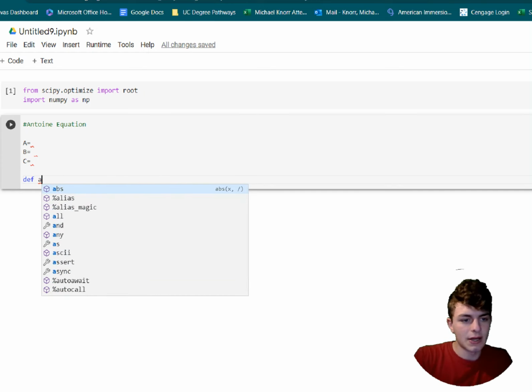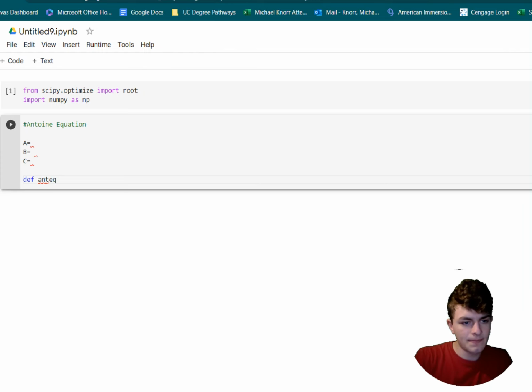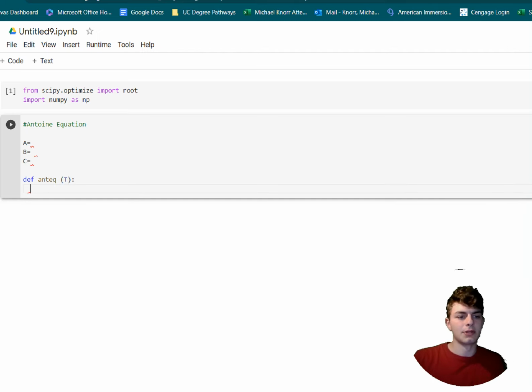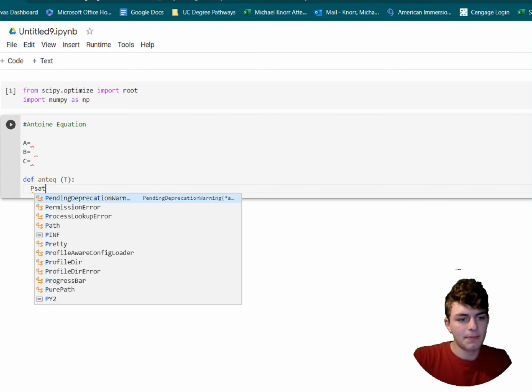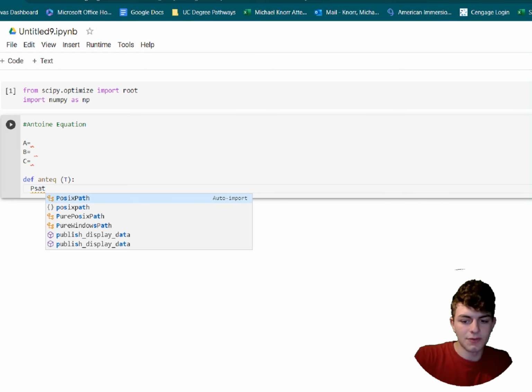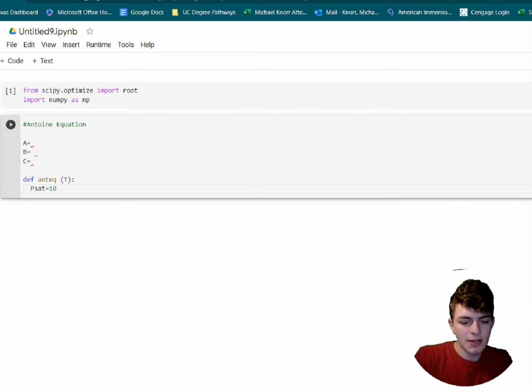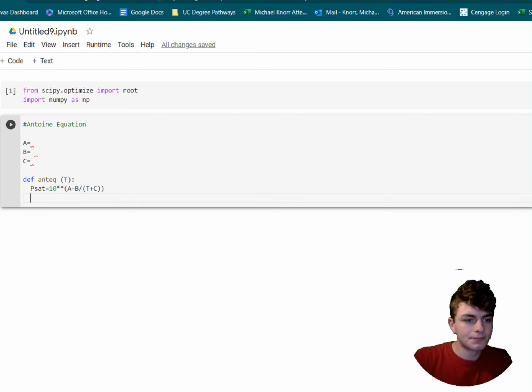I'll call this AntEQ, short for Anton equation, and this will use temperature as its input. Then we will say that the Psat for water, or the saturation vapor pressure, is equal to 10 to the exponent of A minus B over T plus C.